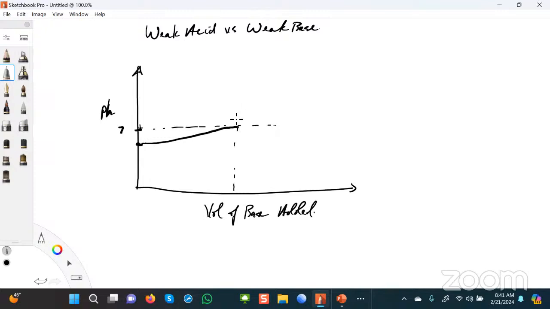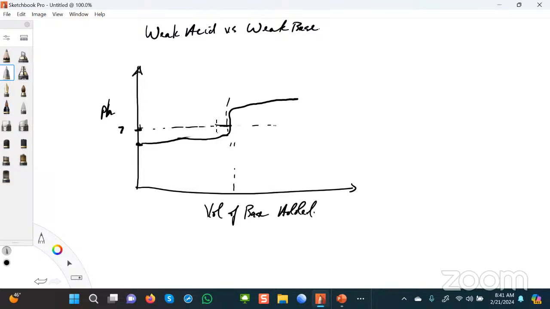And then, to be more accurate, it's going to look something like this. And then it starts increasing slightly again.